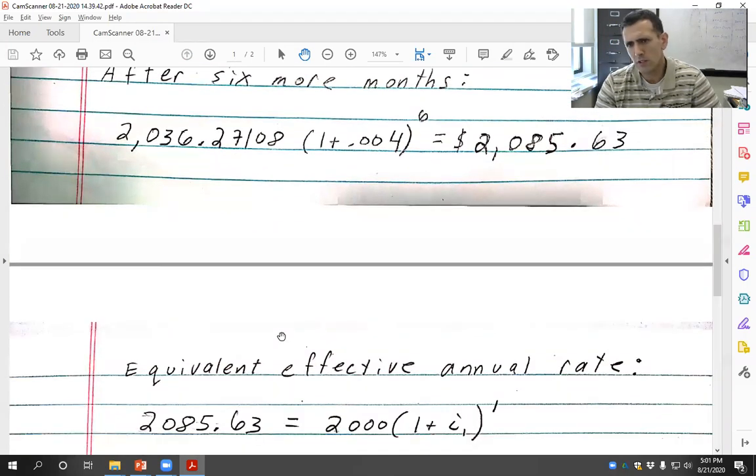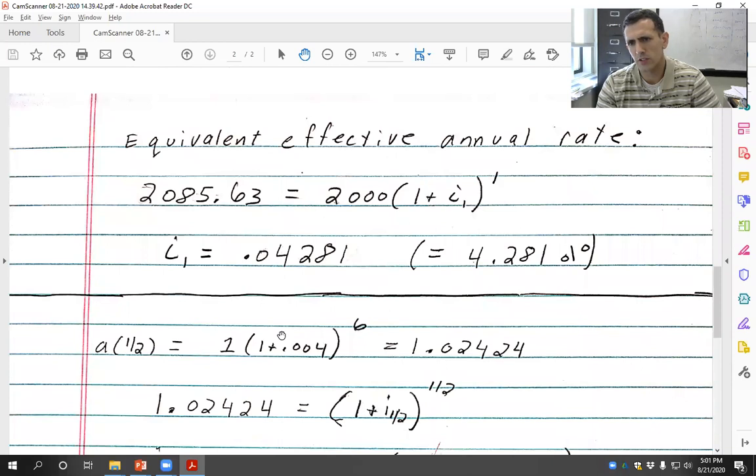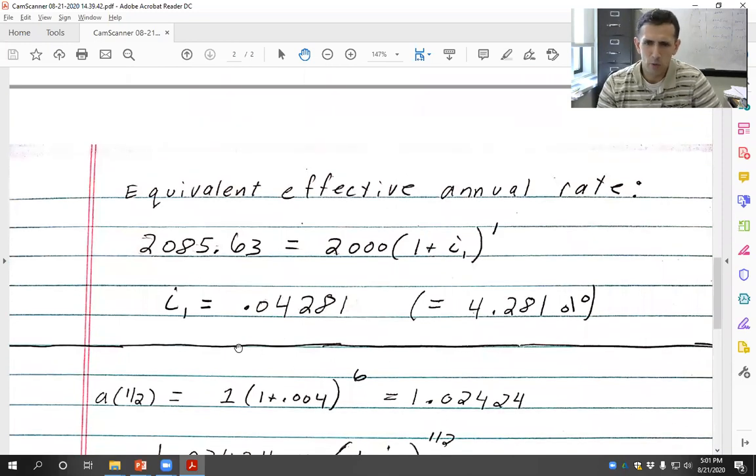So what we're going to do here is just get the growth factor for the last 6 months, for the last 6-month period. All right, and what does $1 grow to? Well, interest per month is 0.004. We're dealing with 6 months, so $1 grew to 1 times 1.004 to the 6th equals 1.02424, roughly $1.24.